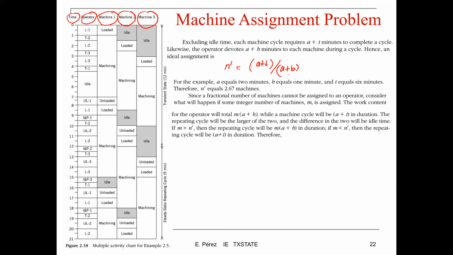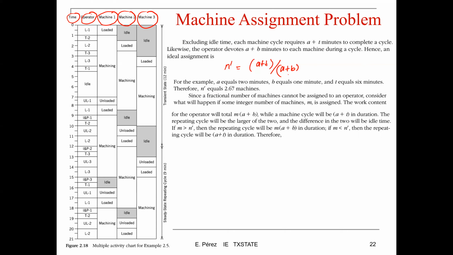For the example, A equals 2 minutes, B equals 1 minute, and T equals 6 minutes. Therefore, N prime equals 2.67 machines. Since a fractional number of machines cannot be assigned to an operator, consider what will happen if some integer number of machines, M, is assigned. The work content for the operator will total M times (A plus B), while the machine cycle will be A plus T in duration.